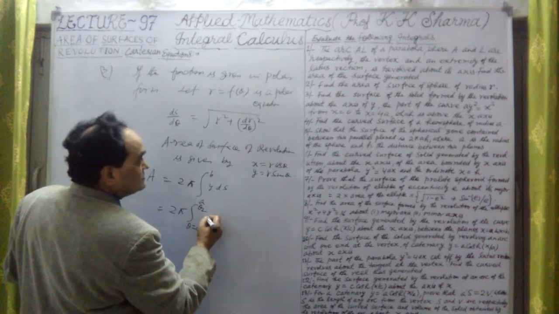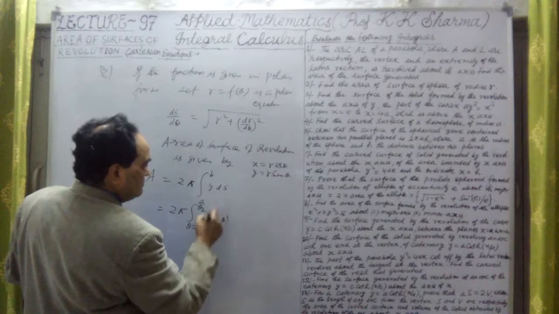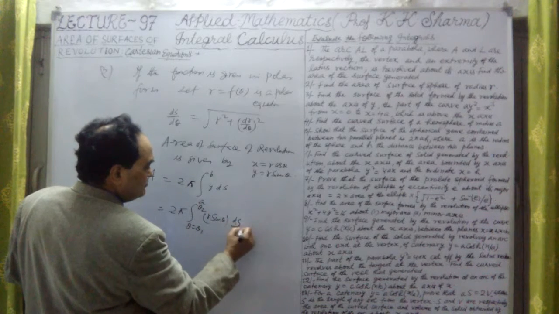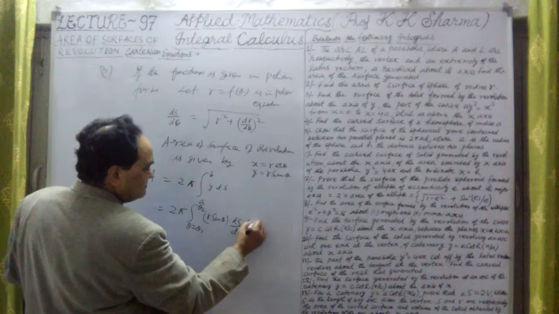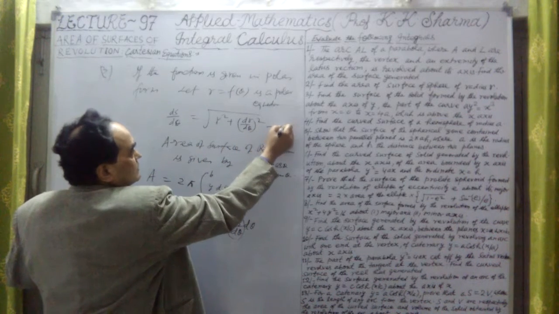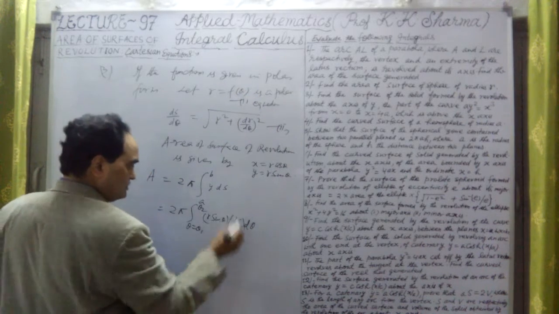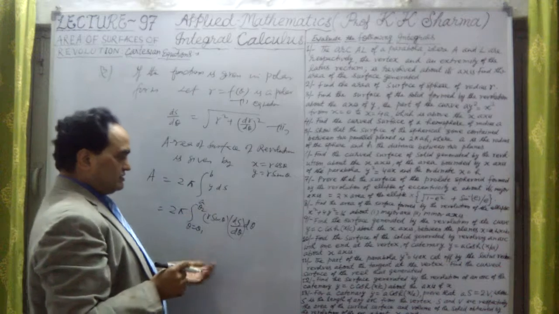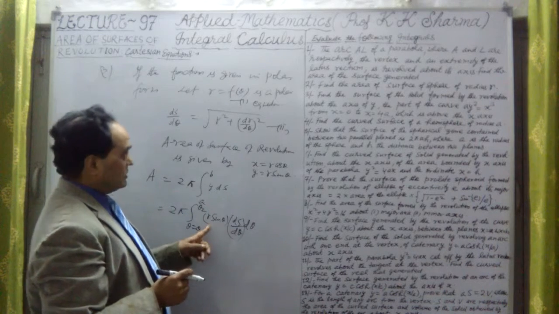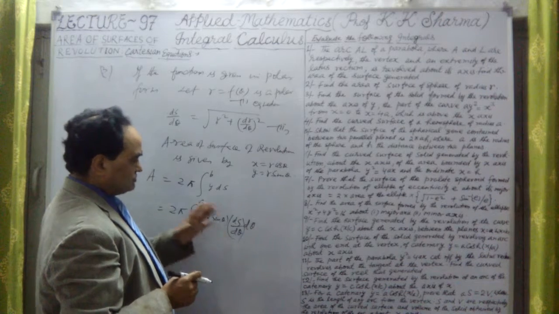Y is here r sin theta, and this ds is written as ds upon d theta. Now ds upon d theta is this equation. This is the second equation, this is the first one. You will integrate this with respect to theta. You will replace r also, whatever value of r is given in the function, and this equation is then solved.